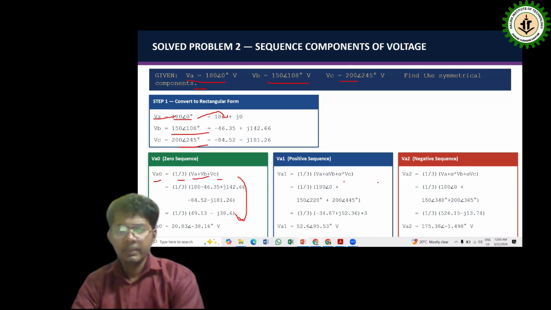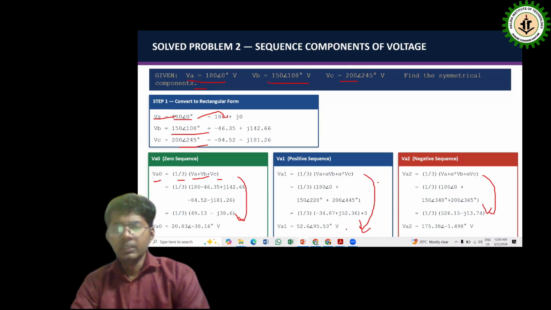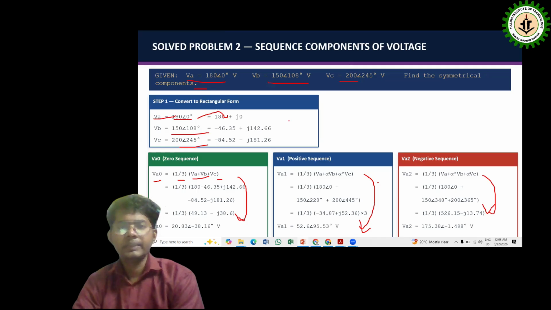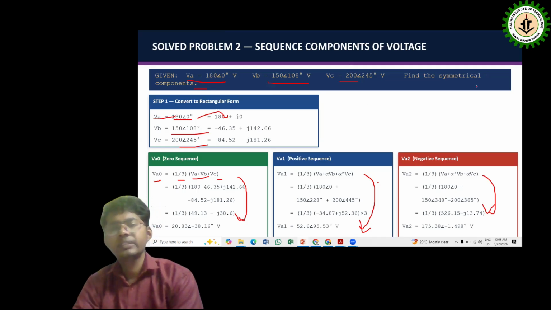Same way here also for VA1 and VA2. So in this way, if the phase values of current or voltage are given, we can find the symmetrical component, or if the symmetrical component values are given, then we can find the phase component.